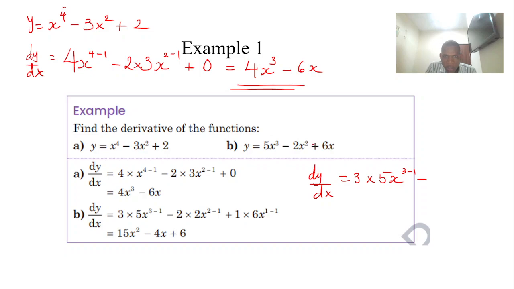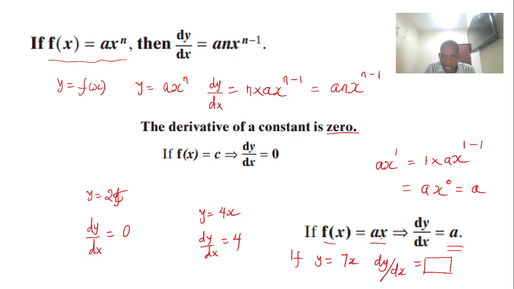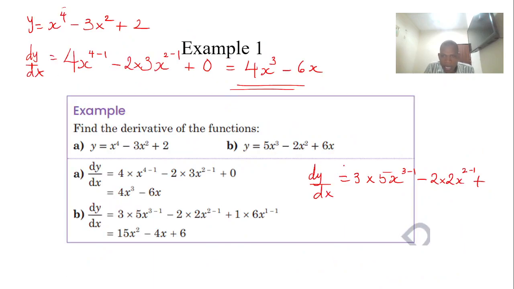Then minus, these 2 come to the front and multiply the 2, so you have 2 times 2, x to the power of 2 minus 1. Then plus, I have 6x. Don't forget the law says if you have ax, if I differentiate ax, I'll get a. So if I differentiate 6x, I should get 6.